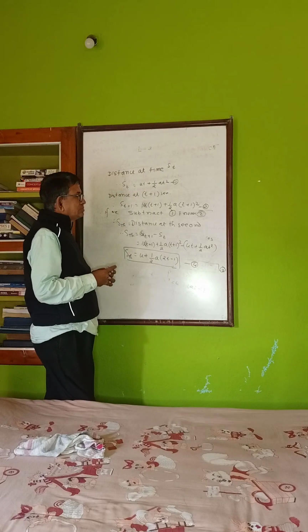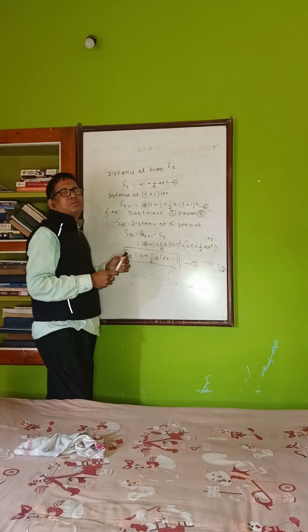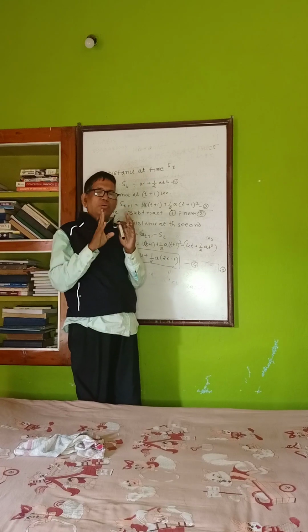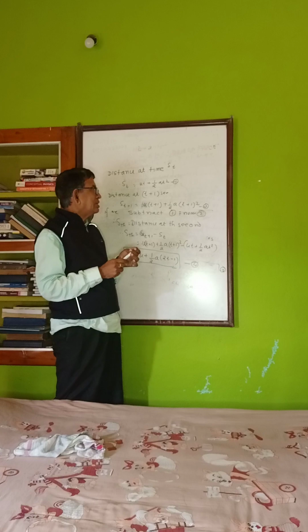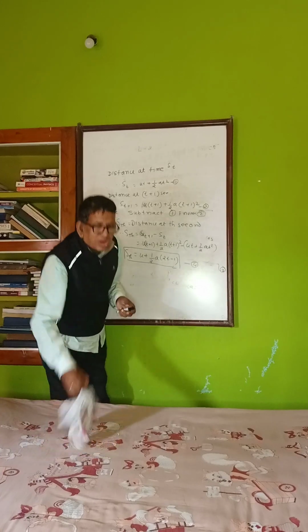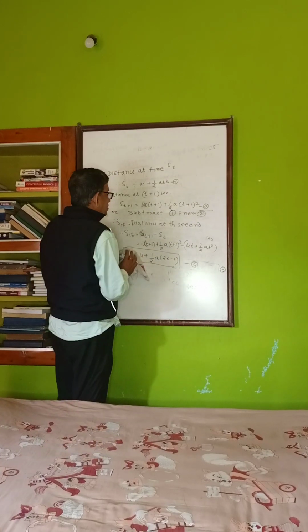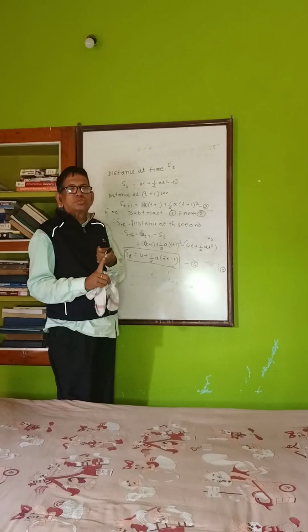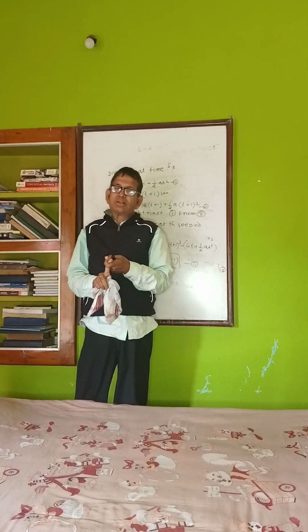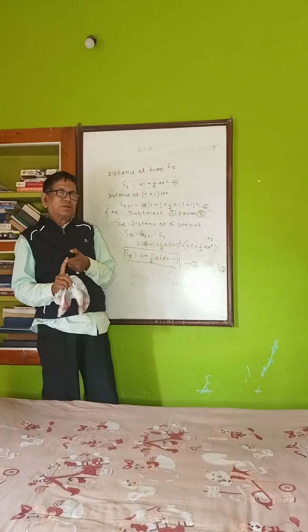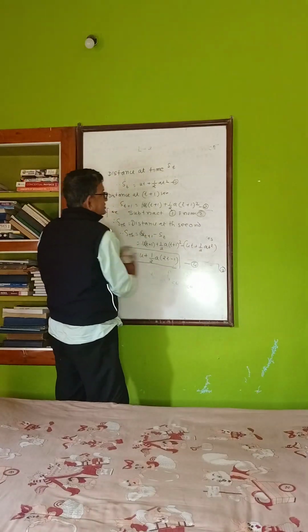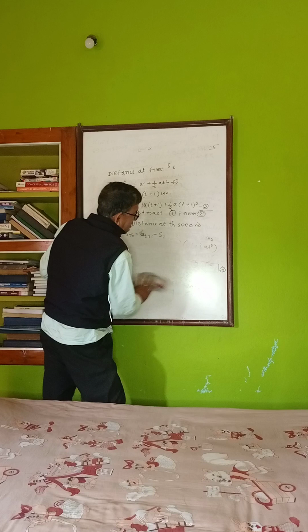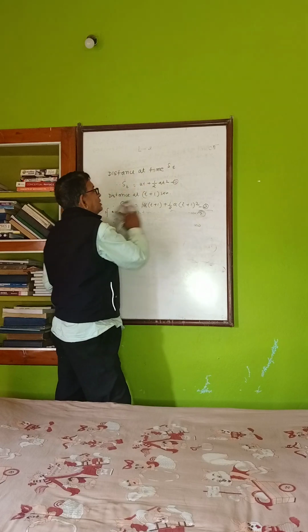Generally, in the motion chapter, we consider 5 equations. That is very important. In short, I am writing all equations that will be used to solve various numericals linked with this chapter one by one. I am just removing all material from the board.